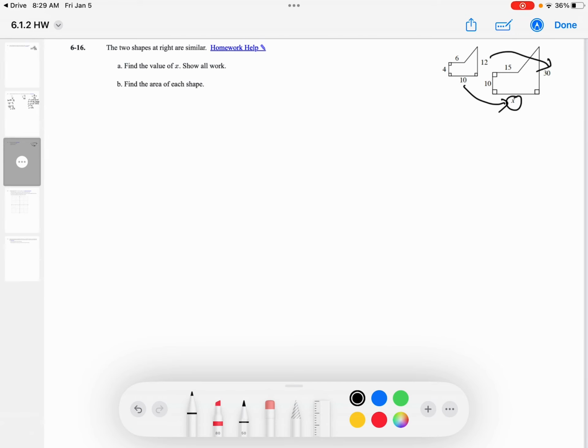Right, so to find x, I'm going to write some ratios. I'm going to say 10 over x equals 12 over 30. Right, so 10 and 12 are both in my small shape, and x and 30 are both in my big one, so they're on the bottom. And now I'm going to cross and multiply.